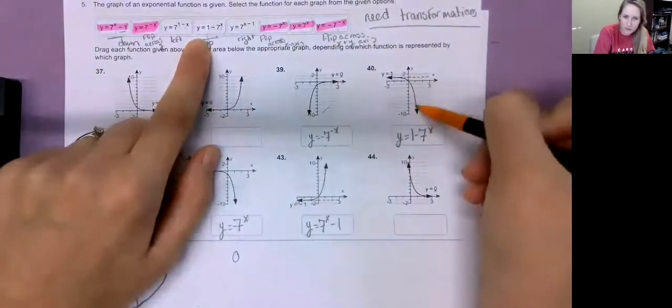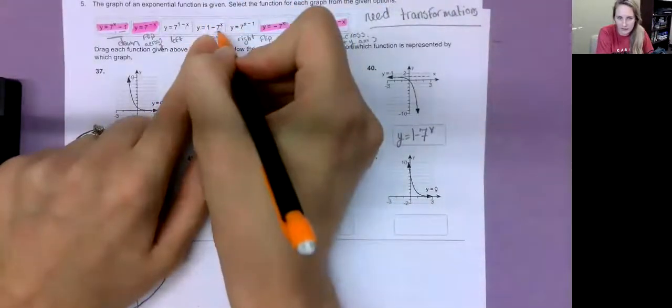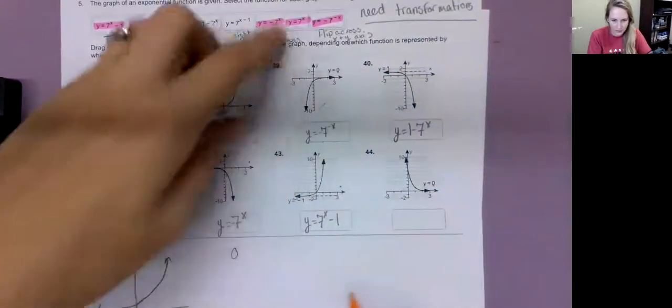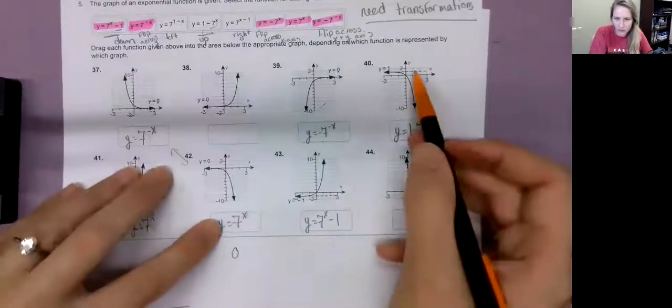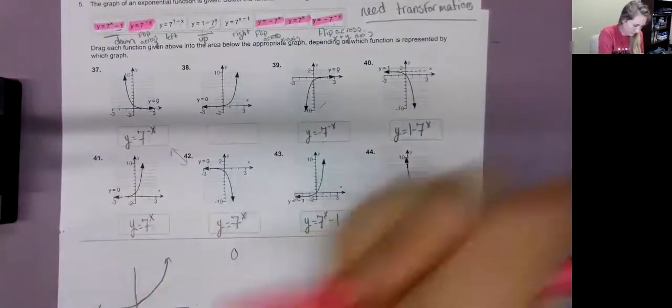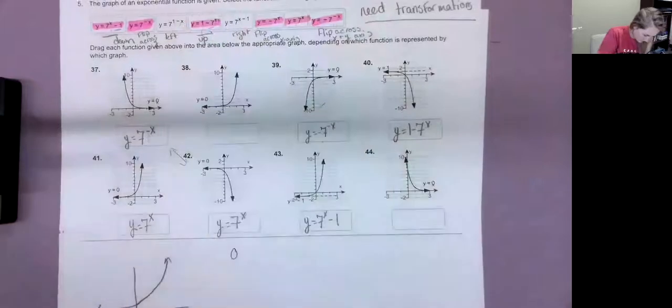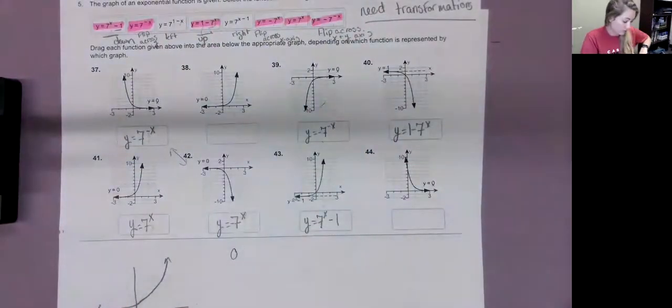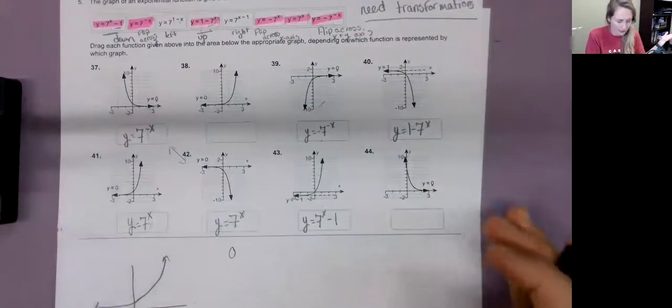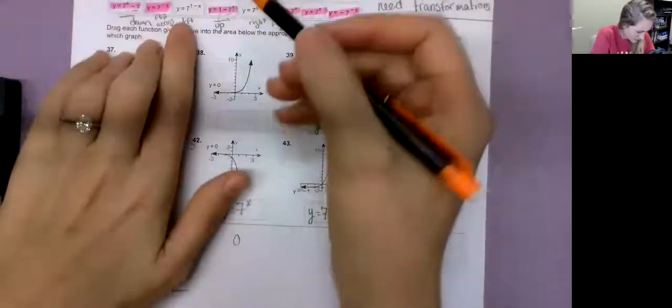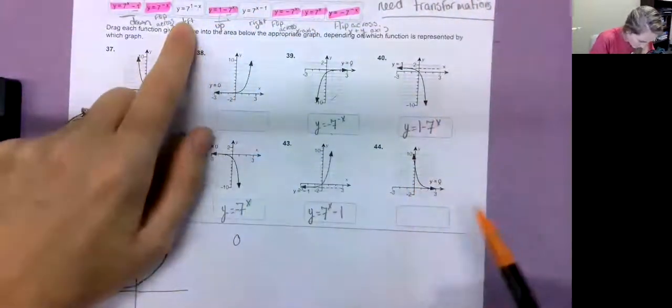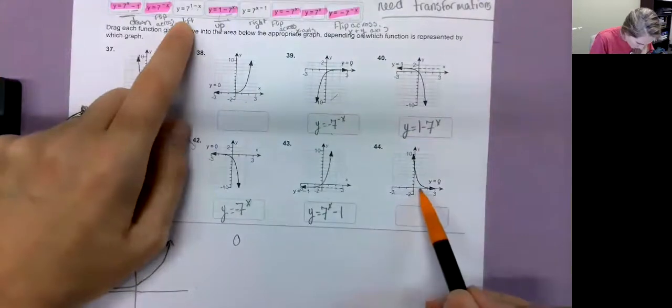And it's flipped upside down because it's that negative 7^x. So it's the negative function, but it went up 1. This may be the most confusing problem on this lesson, which is kind of good at the same time. So our left, so this one moved right.